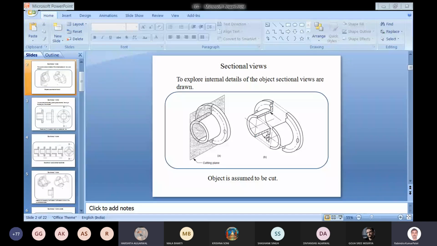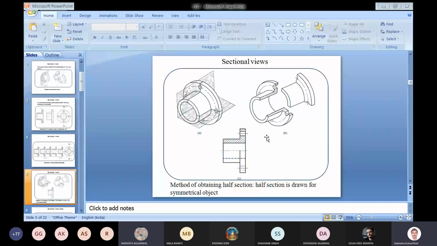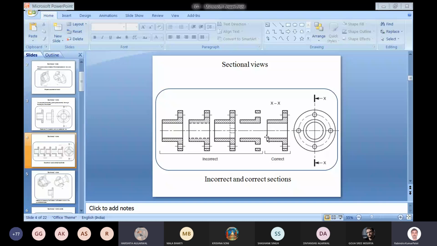And sir, if the inclined lines are drawn opposite, like in slide number 4, here the last one, you said it is incorrect. No, the last one is the correct one. This is the correct one.